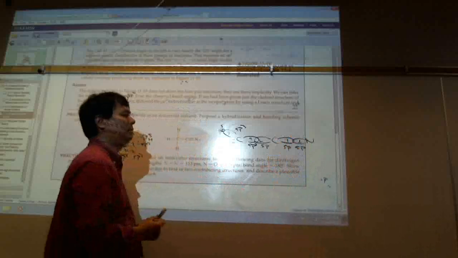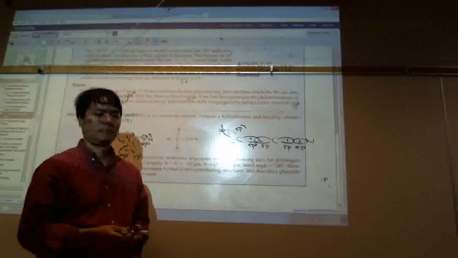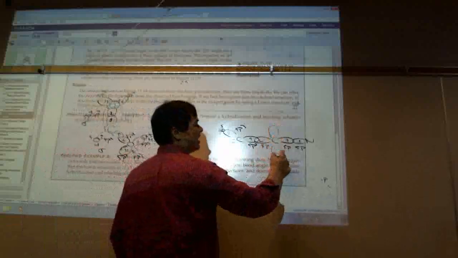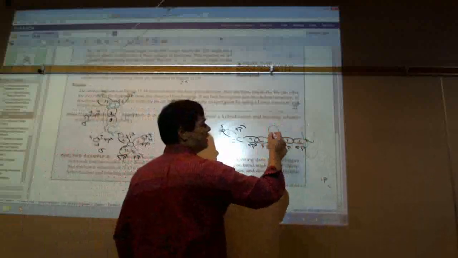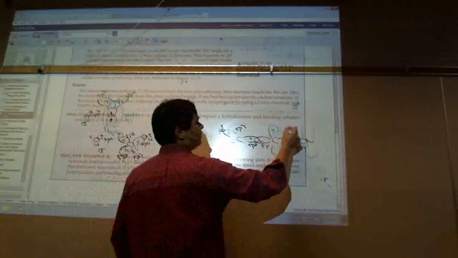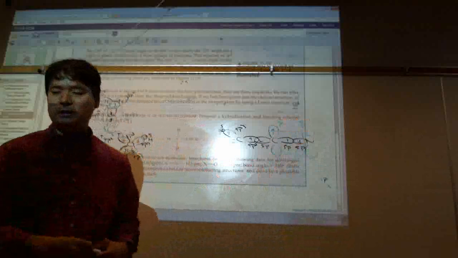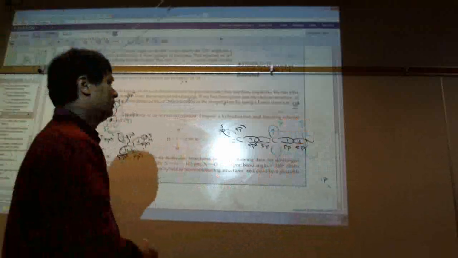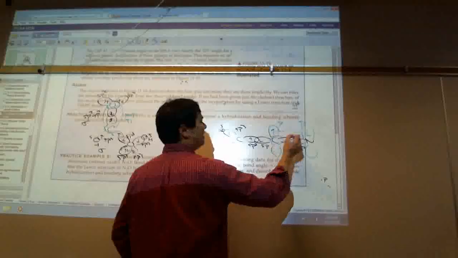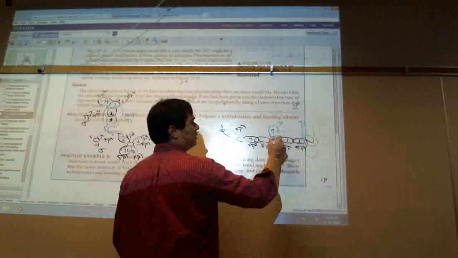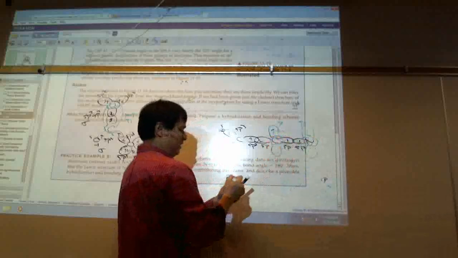Now where are the pp pi's? We'll look at it in profile. One's in the plane, pp, and the other is perpendicular, coming out of the plane. This is the other one. And then where's the lone pair?